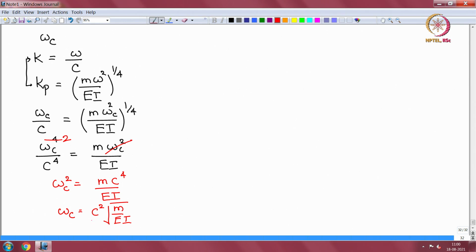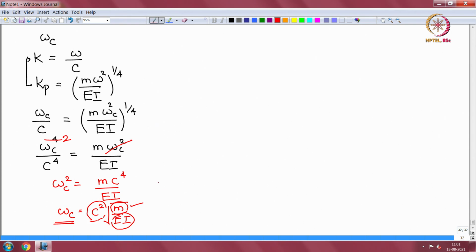So, if you take the speed of sound c of the fluid, you take the mass per unit area of your plate, you take the bending stiffness EI of the plate, they are related and they give omega c. So, it depends on both. Okay.